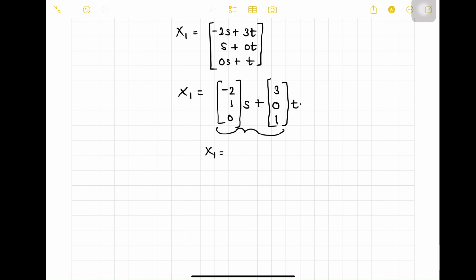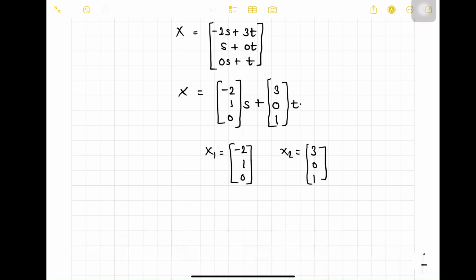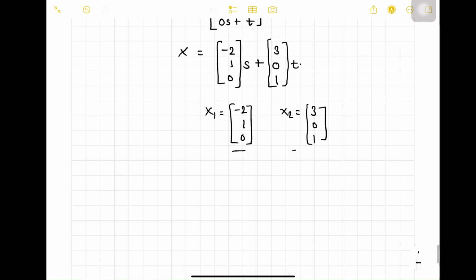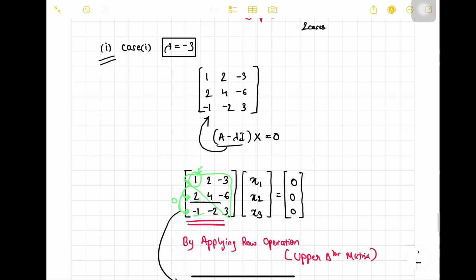One is minus 2, 1, 0, and the other is 3, 0, 1. There is no need to write this x1 here because this will eventually get separated out, as you saw. So this is how we get two vectors by solving only one case.